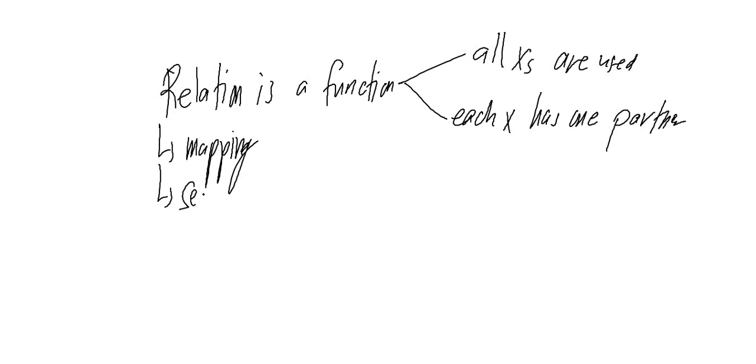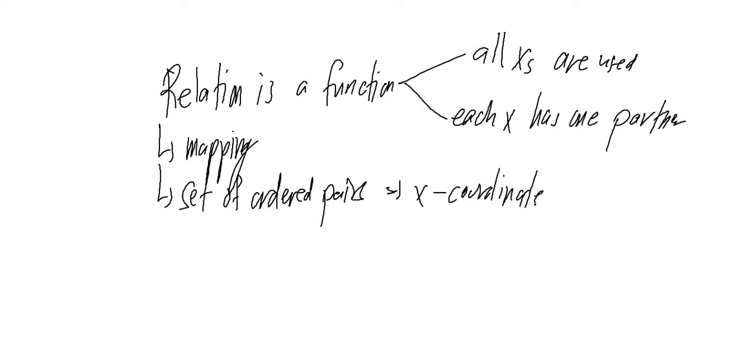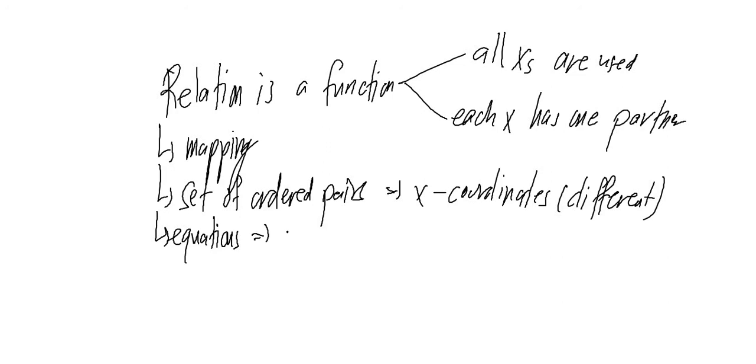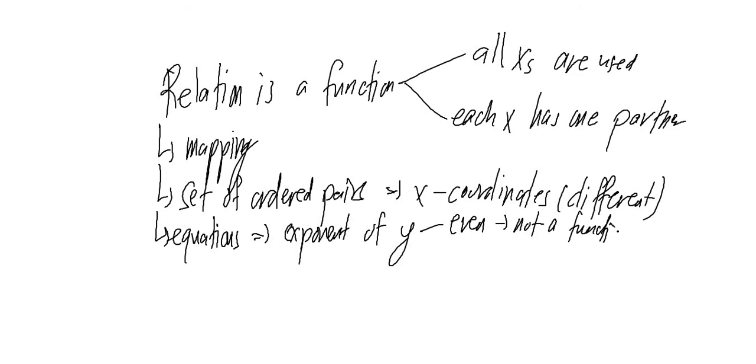We also do that in the set of ordered pairs, but we focus on the x coordinates so that they should be different. And for equations, we should look at the exponent of y. If it's even, that is not a function. But if it's odd, it is a function.